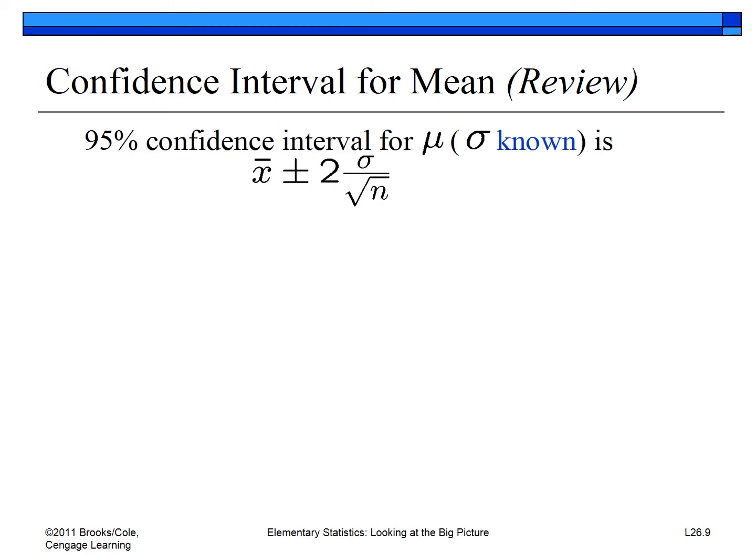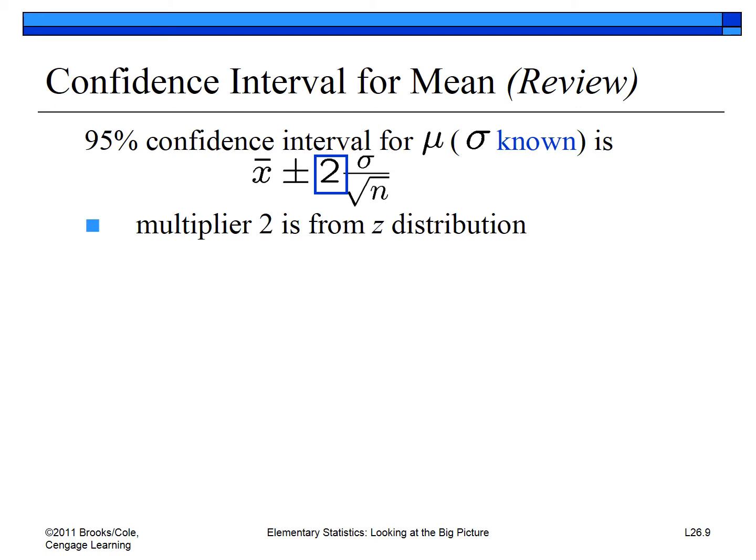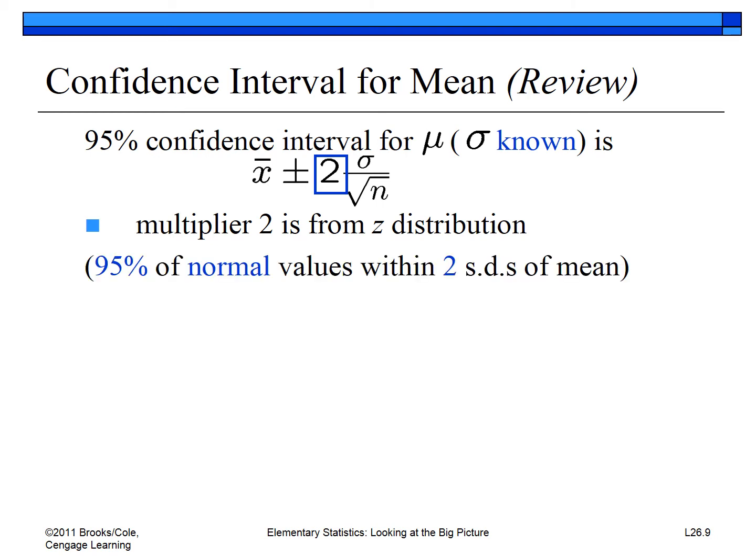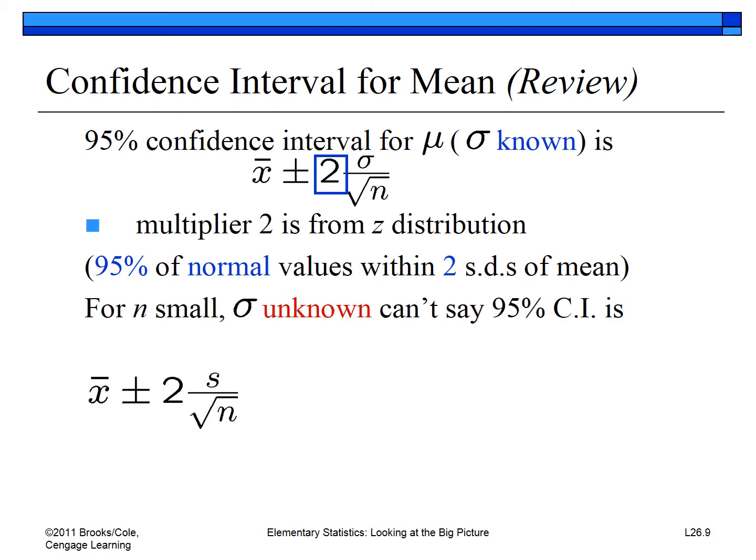And we got it by the formula x bar plus or minus 2 times the standard deviation for sample means. That 2 came from the z distribution. Remember, it's the rounded off value for 1.96. The reason why is that 95%, notice this is a 95% confidence interval, 95% of normal values falls within 2 standard deviations of the mean.